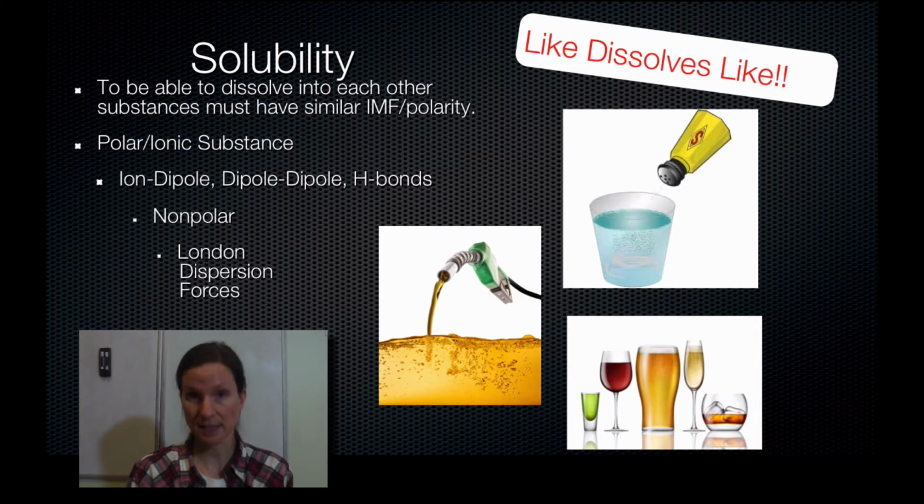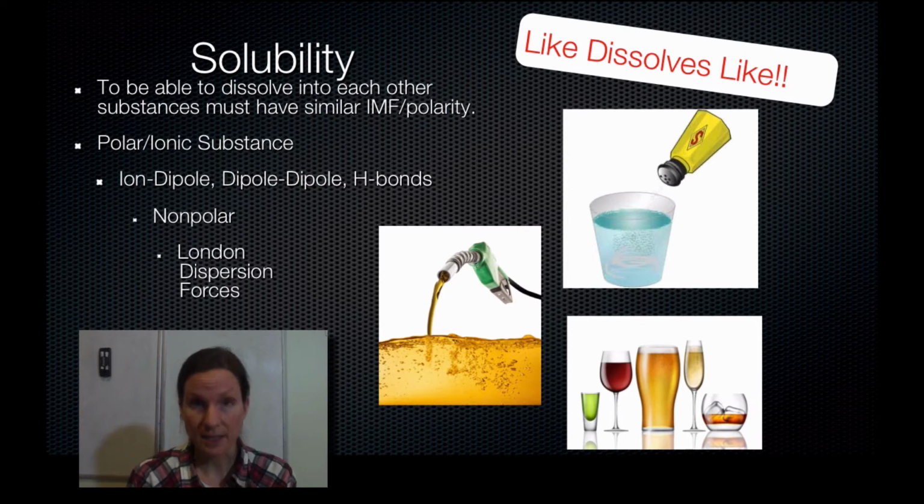So polar and ionic substances dissolve into each other, like salt into water, or beverages, which oftentimes are some kind of solution like pop. But you can also have dissolving of nonpolar substances. And essentially what's happening there is the London dispersion forces between the different nonpolar substances are getting broken and replaced by new London dispersion forces with the other substances.